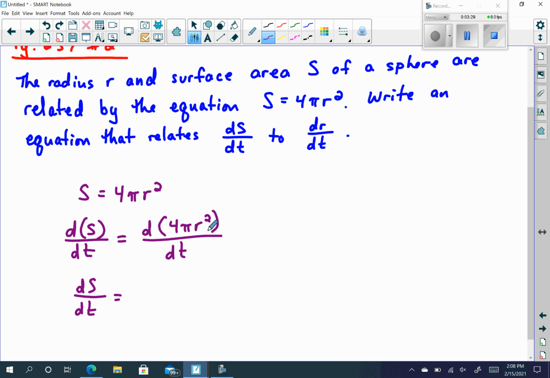And then when I go to take the derivative of 4 pi r squared, the 2 comes down, multiplies by the 4, so I get 8 pi r. And then just like with implicit differentiation, where we'd have to write a y prime after a y, instead of writing r prime here, I'm just going to leave it as dr over dt, because those are the terms they wanted us to leave this in. So this is it. ds over dt is now related to dr over dt.